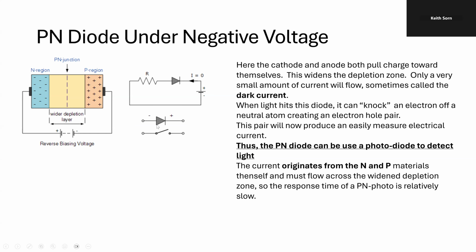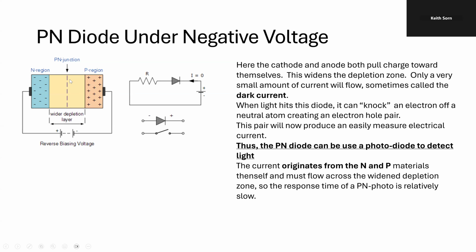What happens under a negative voltage is a photon, a piece of light, can come and hit in the N or the P region and make an ion and a free electron. The ion, the hole it's called, is going to migrate to the negative part, the N region, and the electron is going to migrate to the P region, and that is going to cause a current.